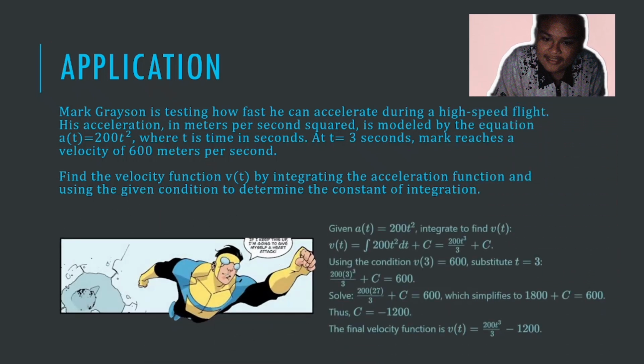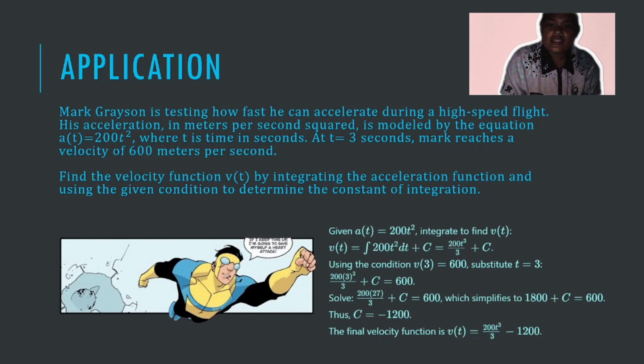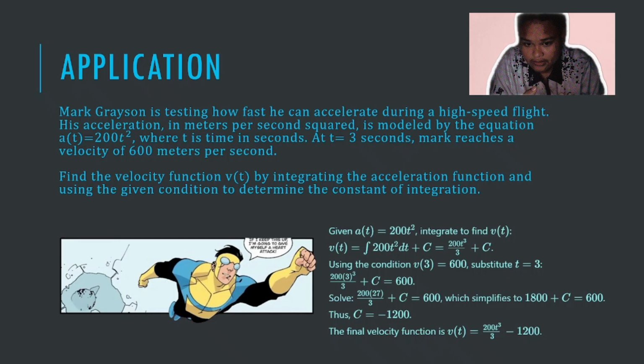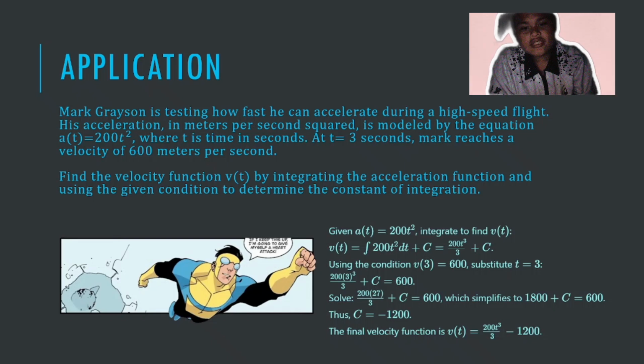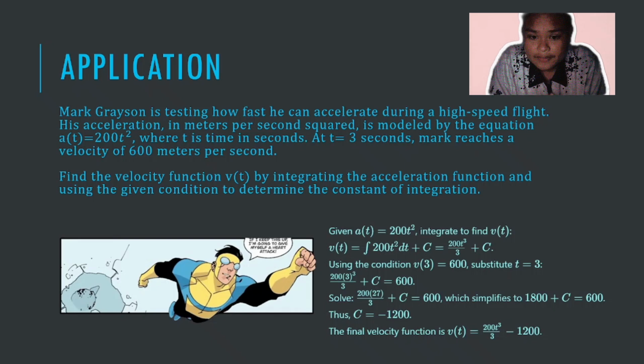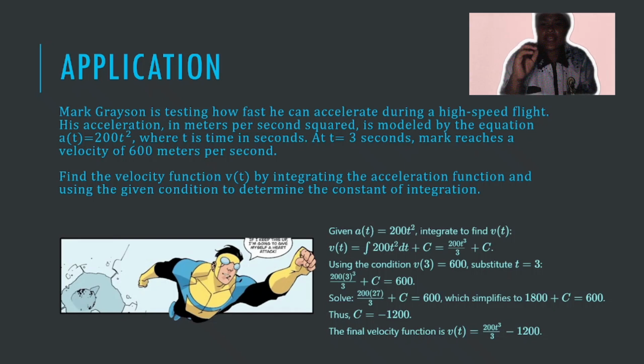So, given that a(t) is equals to 200t squared, we integrate it, and using the formula, we get 200t cubed over 3 plus c. Don't forget about the c, guys. Now, let's substitute t is equals to 3 seconds.